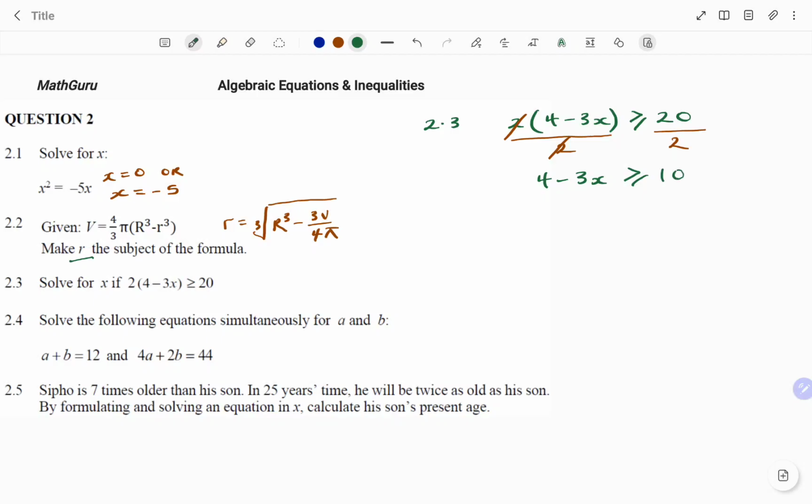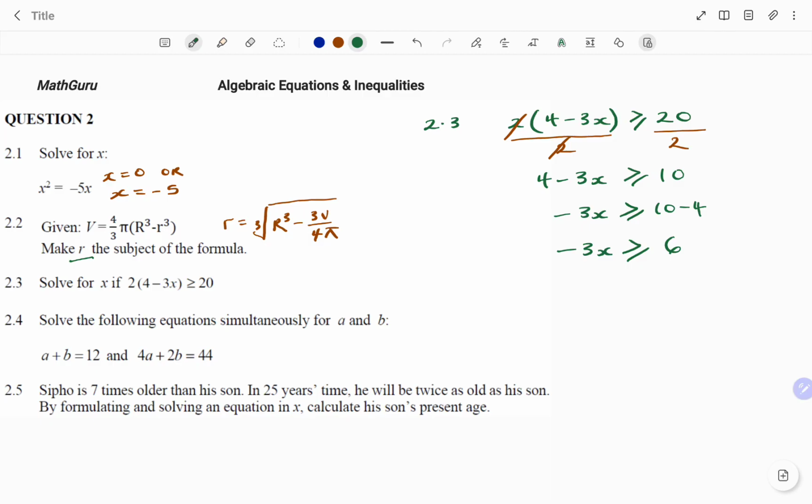Then I'm going to move my 4 to the right hand side. I have minus 3x is greater or equal to 10 minus 4, so minus 3x is greater or equal to 6. The next step is to divide both sides by negative 3.